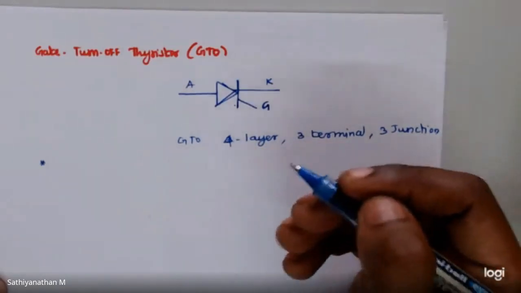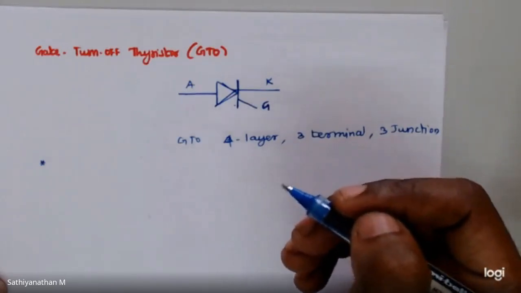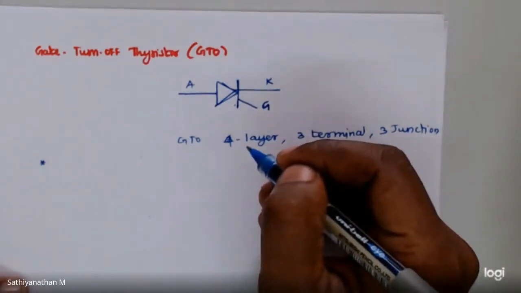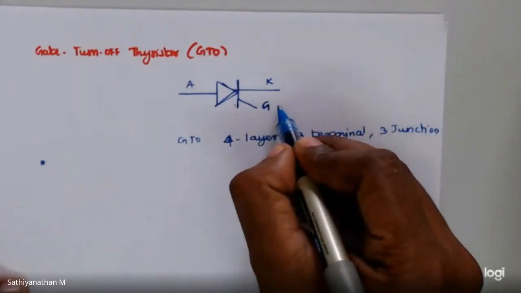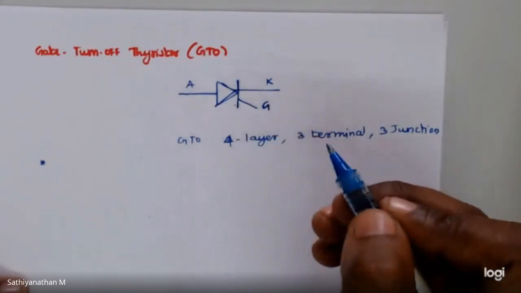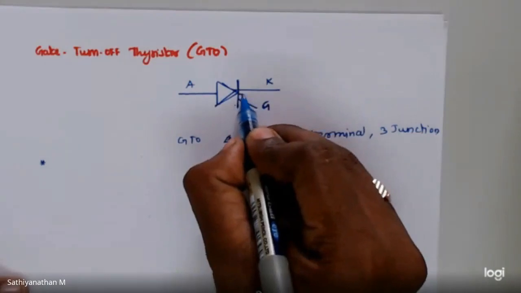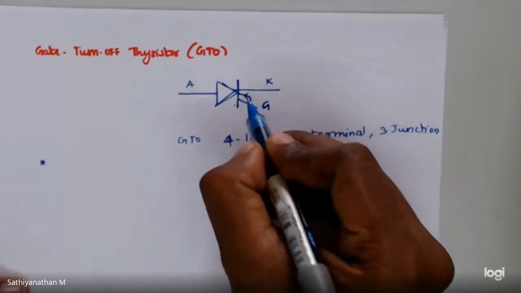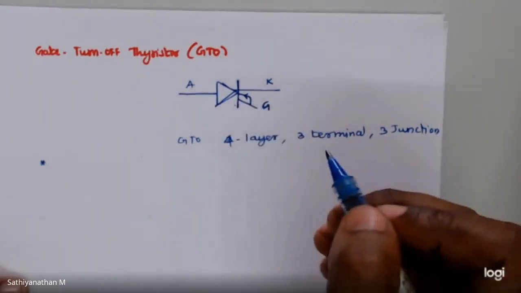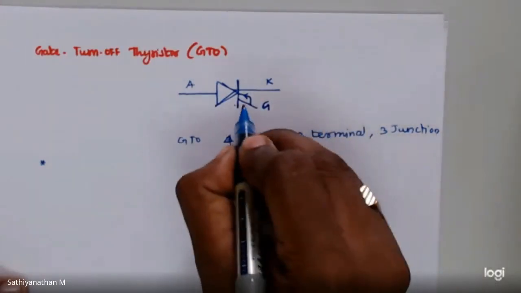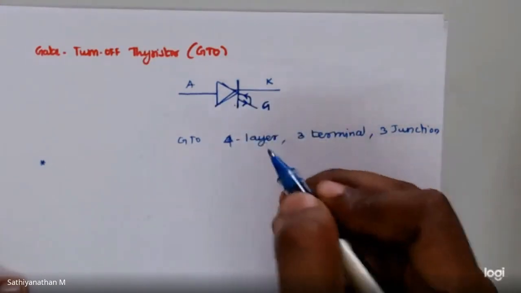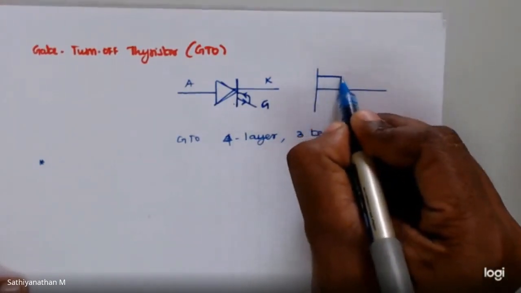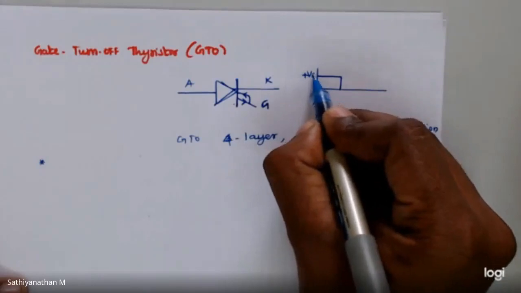Instead of doing all those things, in the internal structure they made some changes. When you apply a positive gate pulse, the device will trigger, that is turn on. When you apply a negative gate pulse, it will turn off. So this is your gate pulse, this is your positive gate pulse.